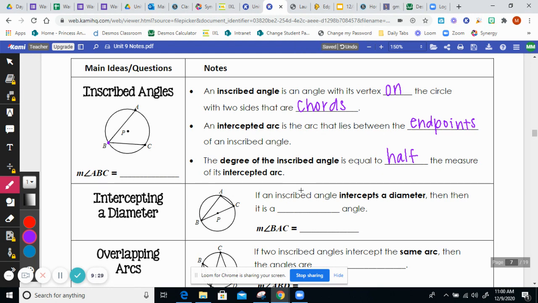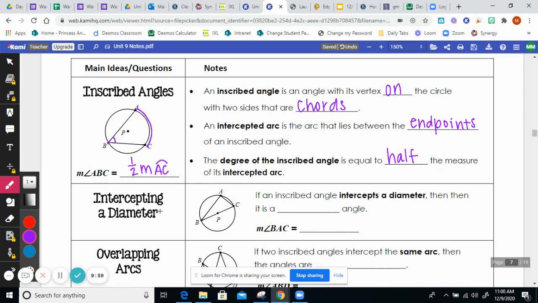So our angle right here is going to be half of our arc. Our arc here is AC. So when we want to find the measure of angle ABC, we're just going to say 1/2 of the measure of our arc is our answer. So if our arc AC was 50 degrees, then our angle would be 25 degrees because it's just half.